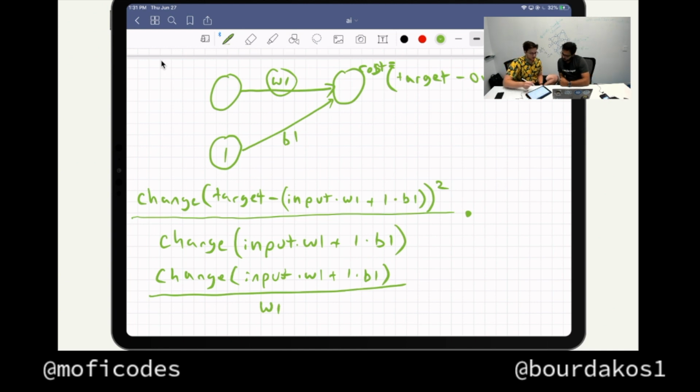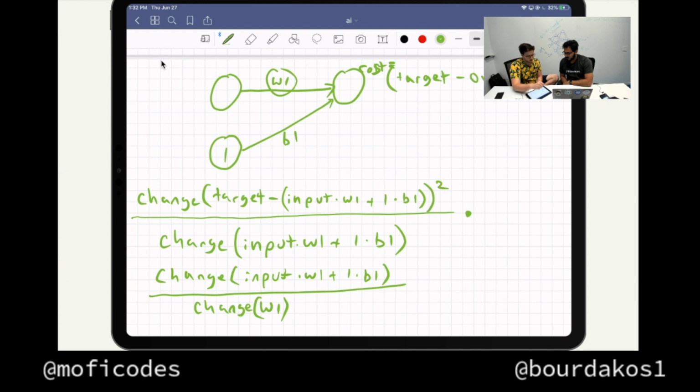If you multiply these together with standard arithmetic, these two changes cancel each other out. So this and this cancel each other out. So then you end up with the change of the cost with respect to the change of weight 1.